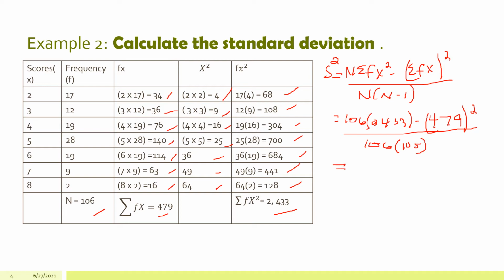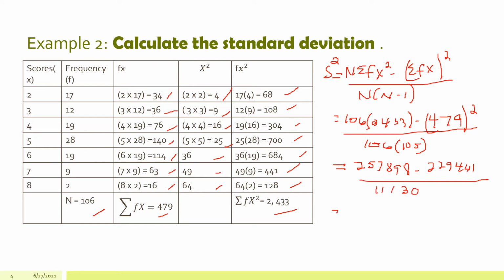We got 106 times 2,433 is 257,898. Then we square 479, that is 229,441, over 106 times 105, which is 11,130.